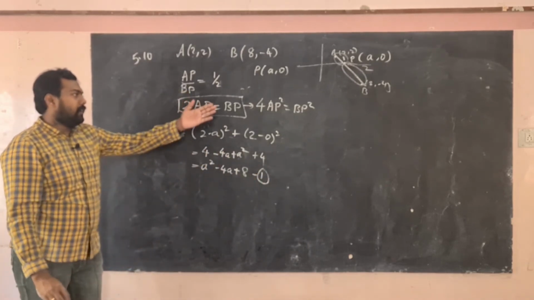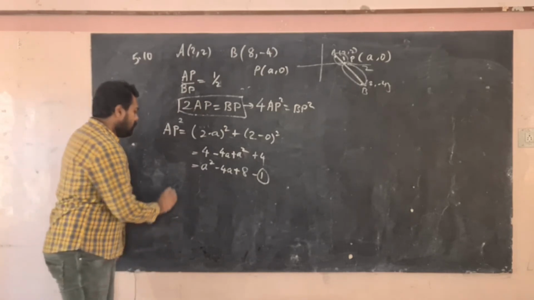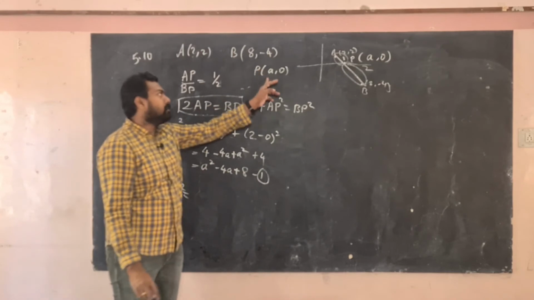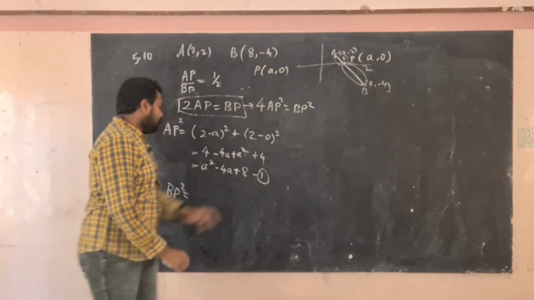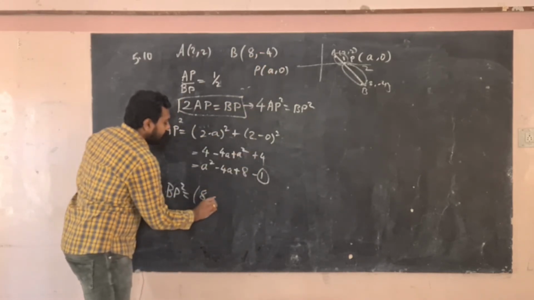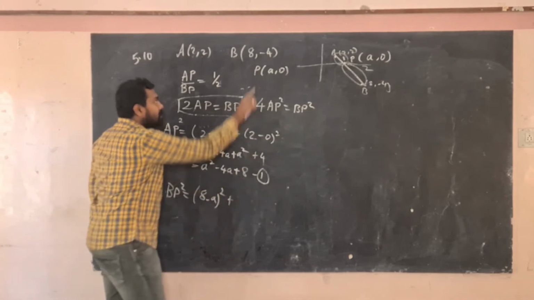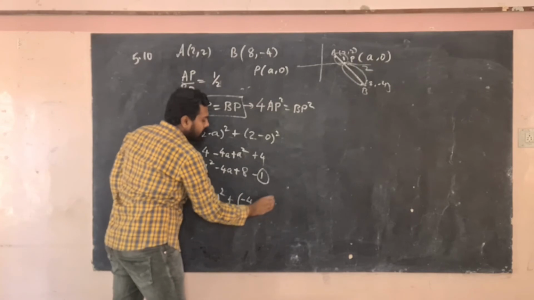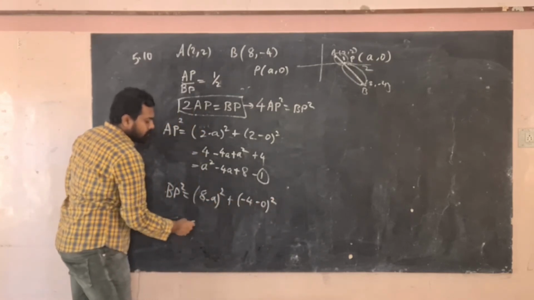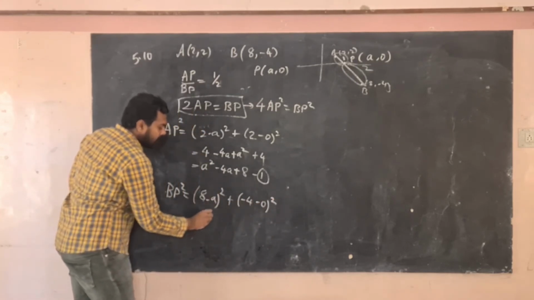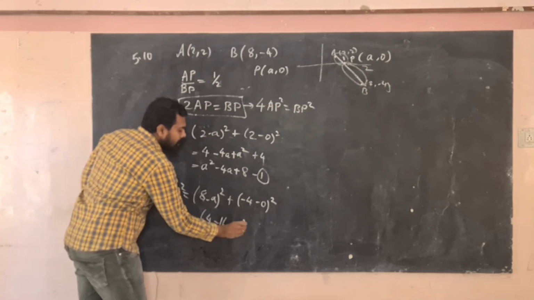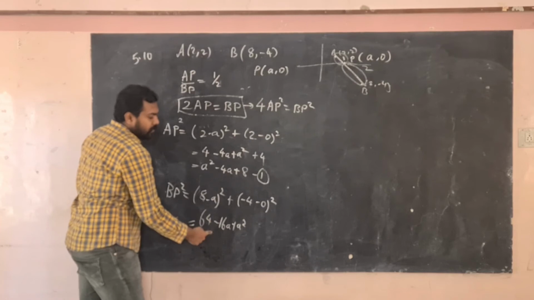Okay, on the right hand side we have BP square. What is the distance BP square? (8 minus a) the whole square plus (minus 4 minus 0) the whole square. Expanding, 8 square is 64 minus 16a plus a square, using the (a minus b) the whole square formula.